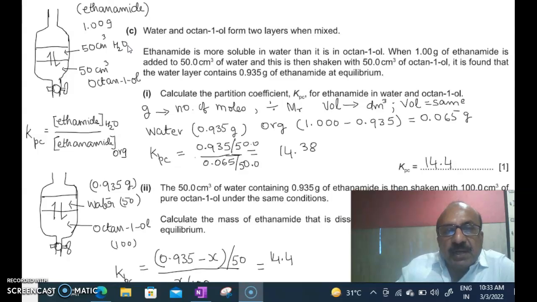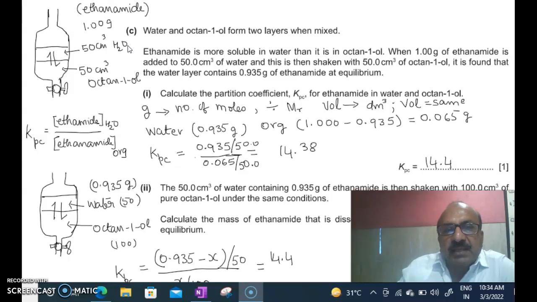But in this particular question, you can see that it's a ratio. And being a ratio, we are going to divide by the molar mass in the numerator as well as in the denominator, such that the Mr will get cancelled out.